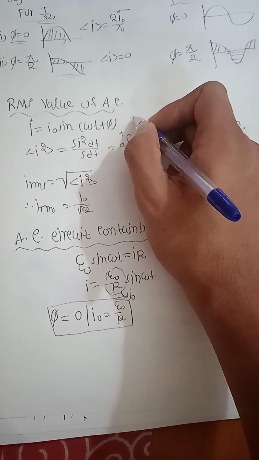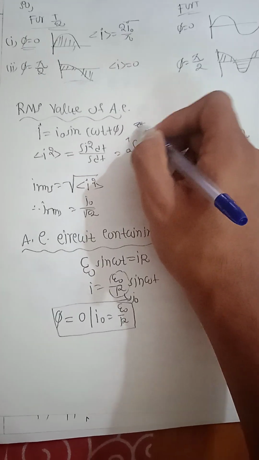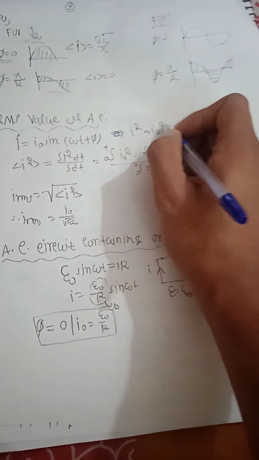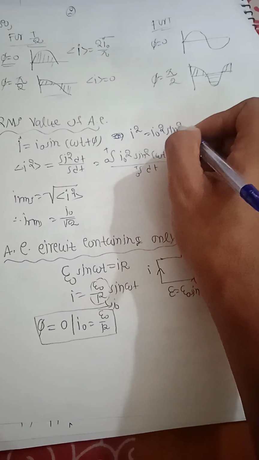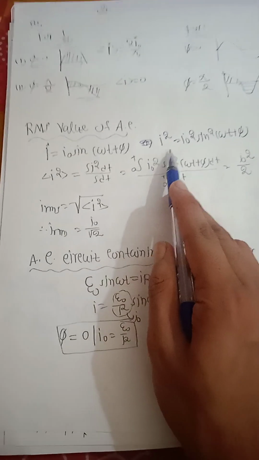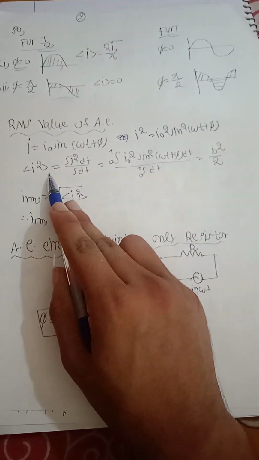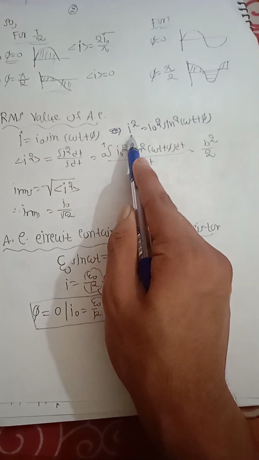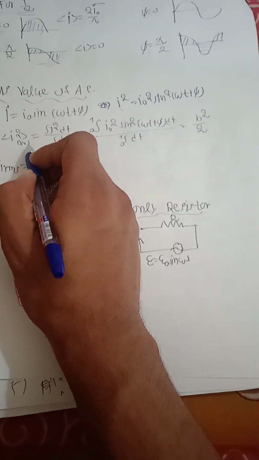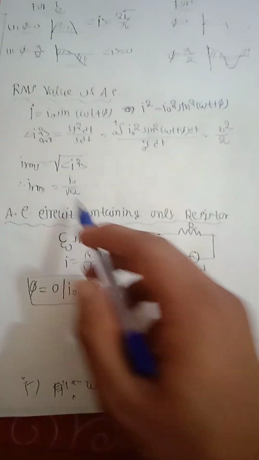If we square it on both sides, we get this. Now we are going to take the average value of this one.